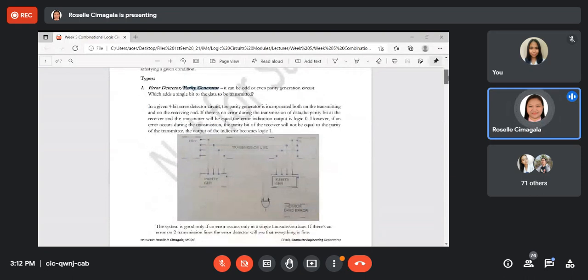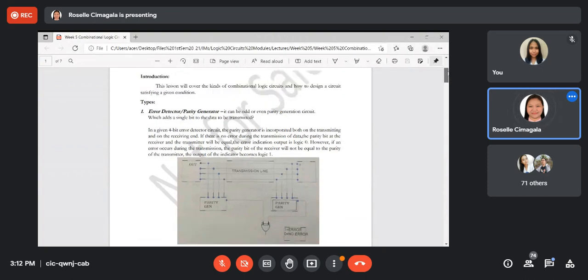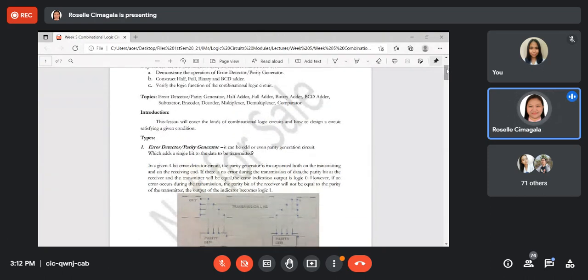Well, for the error detector combinational circuit, or the parity generator circuit, it's a type of circuit that could be an odd or even parity generation circuit. So when we say parity, guys, it represents the number of zeros and ones.